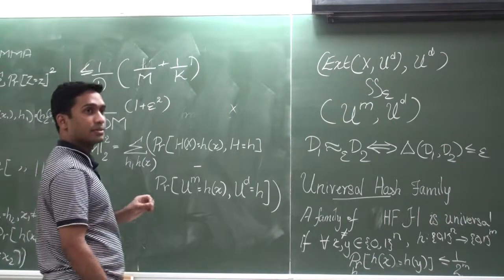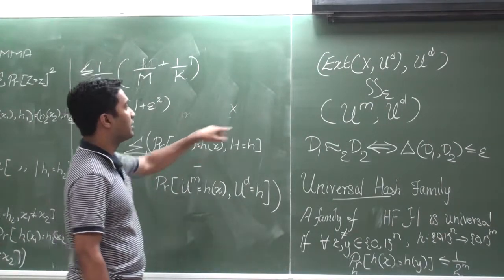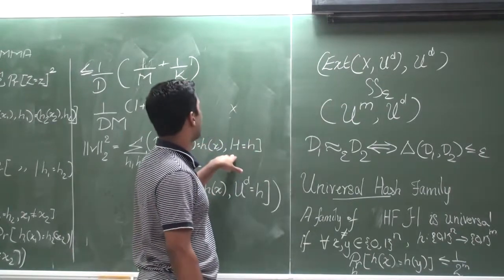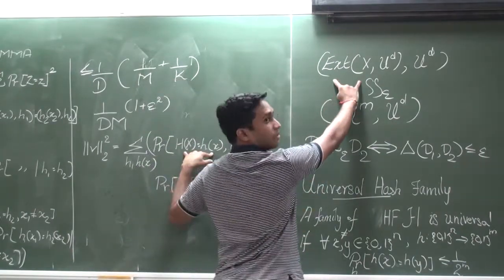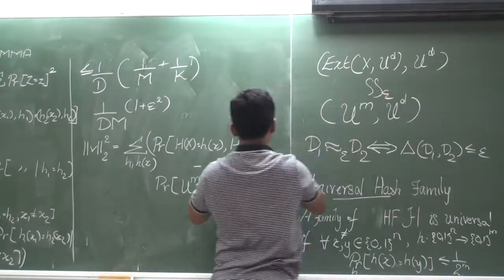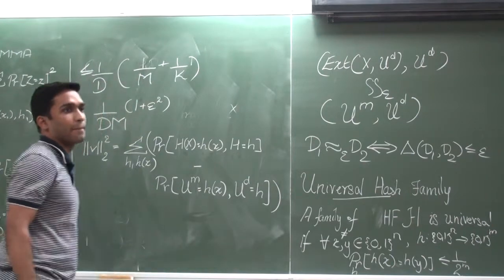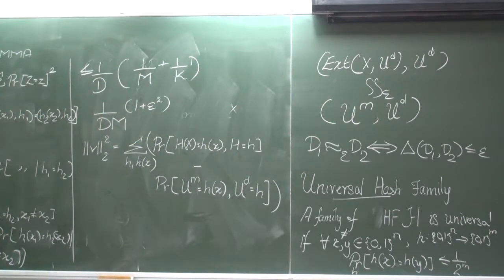No, this is for this term. The output is this one, that is h of x. And then this is the seed, which is being used, the index of h. And we need to put a square also.